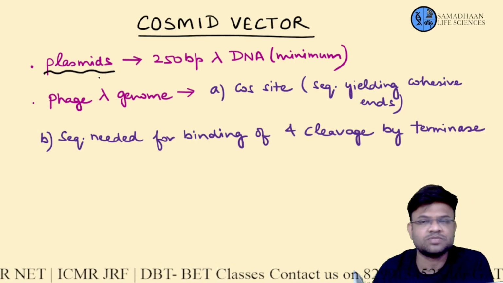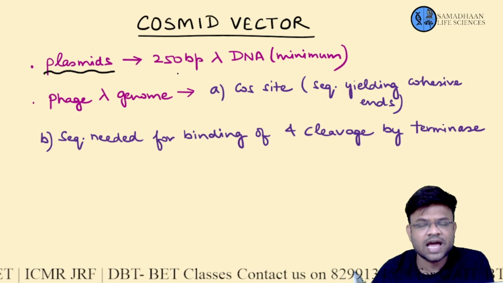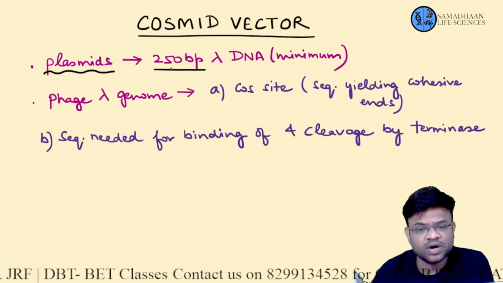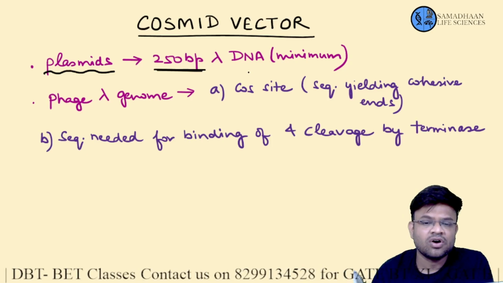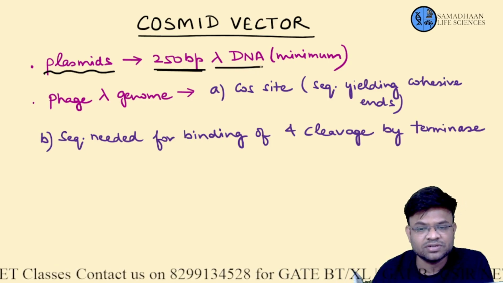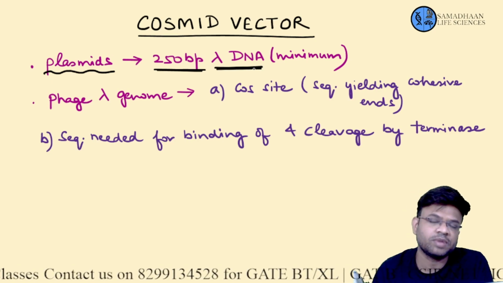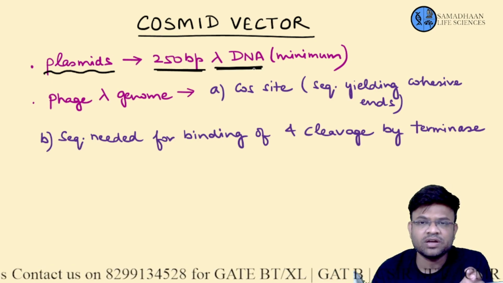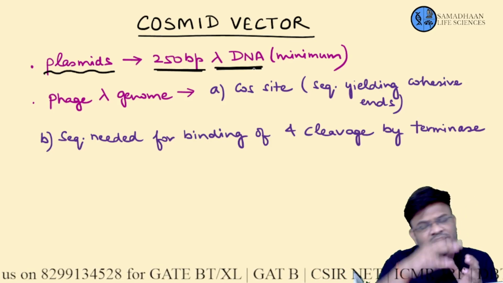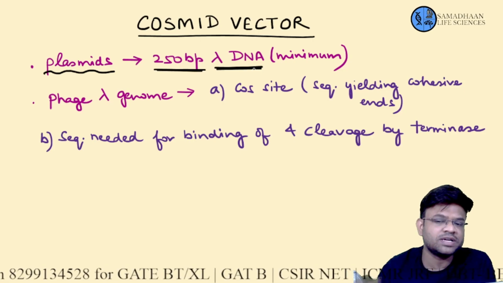It's just that they have one additional feature, and that feature is that they comprise 250 base pairs of DNA, and this DNA is coming from the lambda phage. This is an important point that you should remember. So 250 base pairs of lambda phage DNA is being used over here, and the rest of the thing is coming from the plasmid itself.